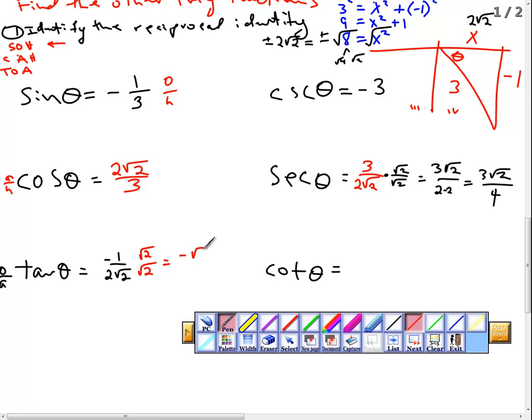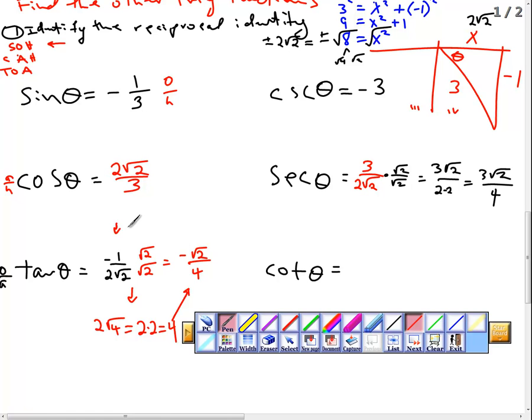And we get negative square root of 2 over 2 times the square root of 4, which is 2. So that becomes 2 times 2, and so that becomes 4. Negative square root of 2 over 4. All right?